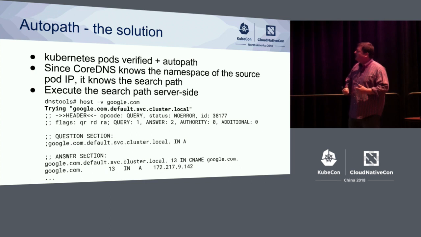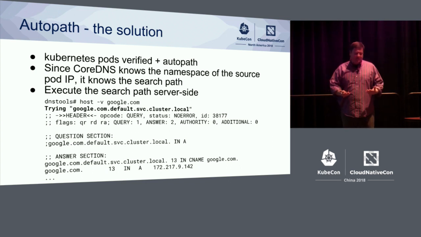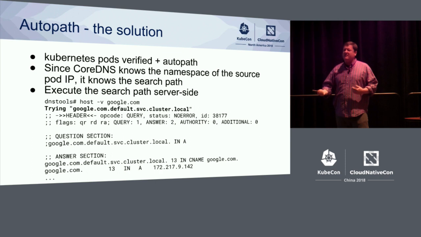So we looked at this and we said, well, since we're already watching the Kubernetes API, if we watch pods as well as the other things we normally watch, we can take the source IP address of the client, look up the pod it belongs to and what namespace it's in, and then figure out what that search path actually is in the pod, all on the server side.